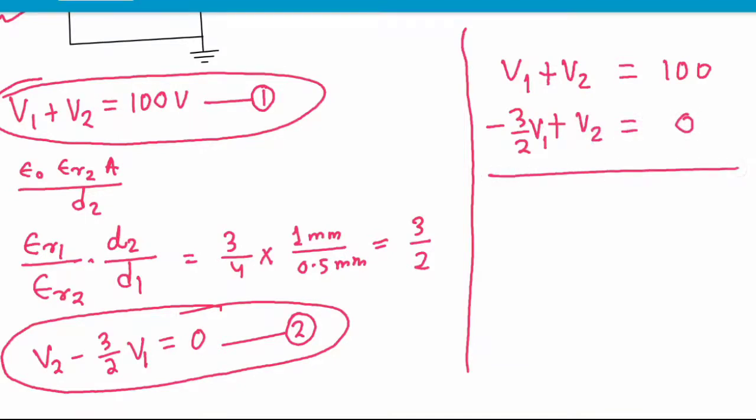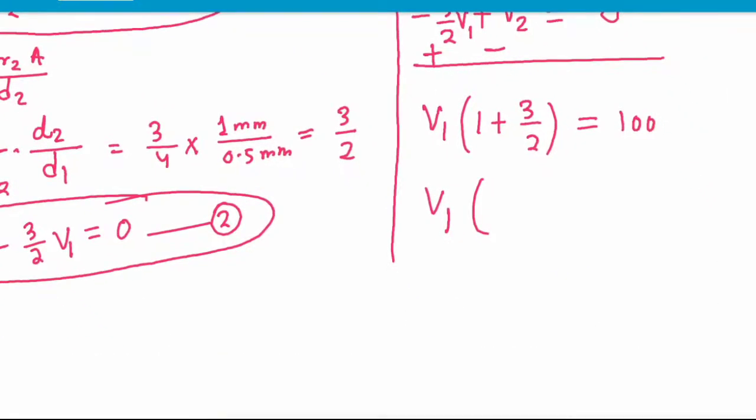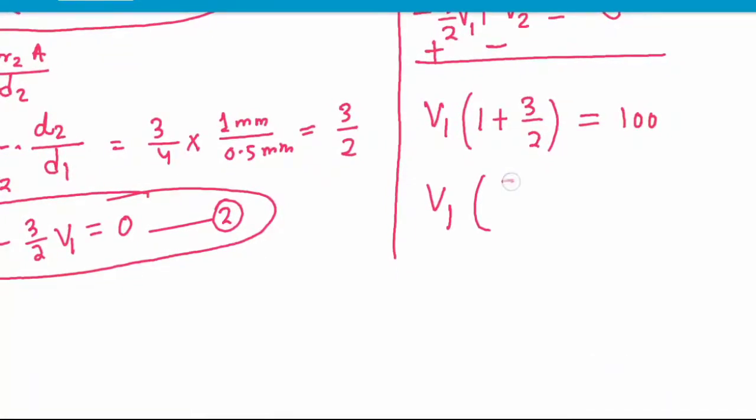If I subtract equation 2 from equation 1, what will happen? This will be plus and this will be minus. So this will be V1 into 1 plus 3 by 2 is equal to 100, and V1 into 5 by 2 is equal to 100.